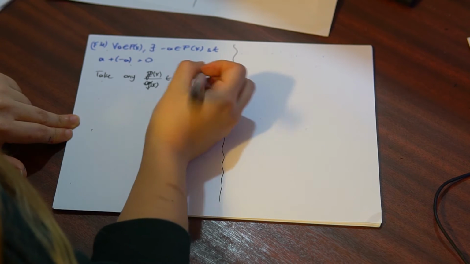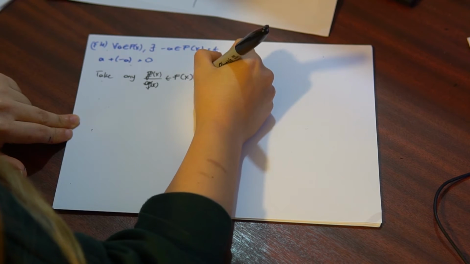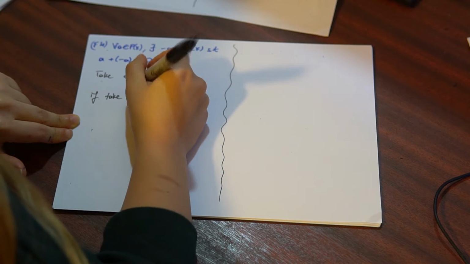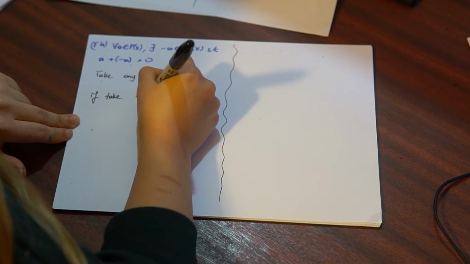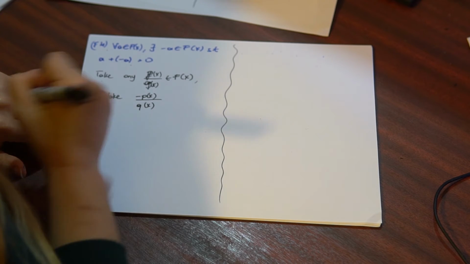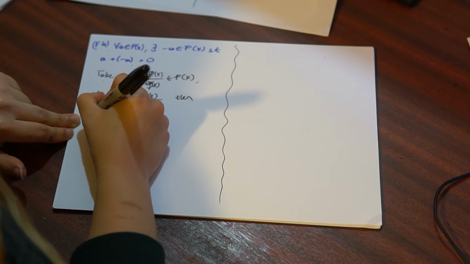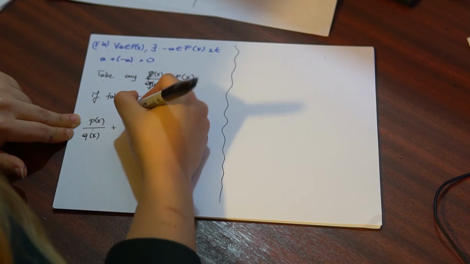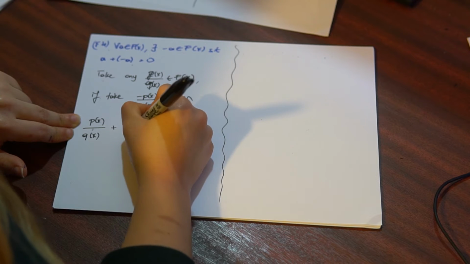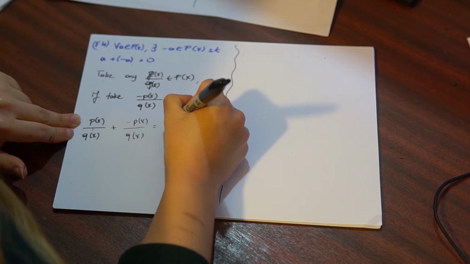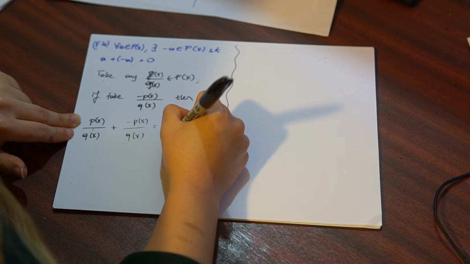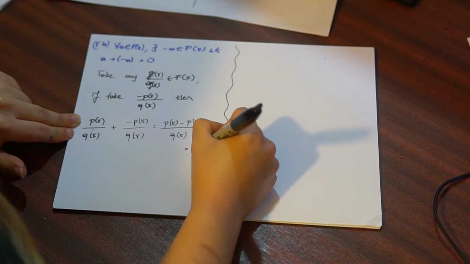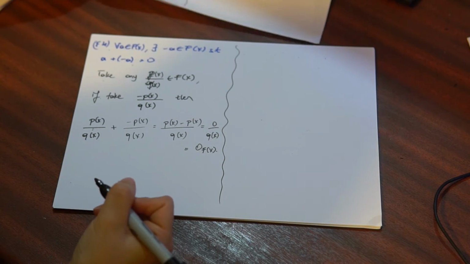So, if we take minus p of x over q of x, then p of x over q of x plus minus p of x over q of x is equal to p of x minus p of x over q of x, and this is equal to 0 over q of x, which is equal to 0 of F(x).